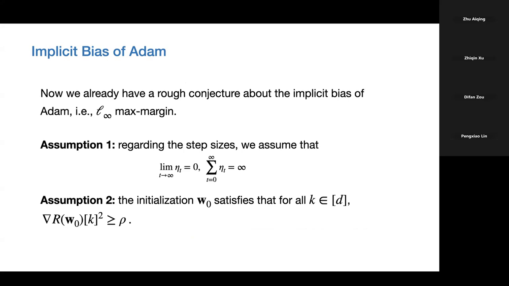That is the major reason for the L infinity max margin solution. Also, if you consider other similar methods like AdaGrad or RMSProp, they will give you a similar result, because as long as you do the normalization coordinate-wise, you can get a similar result. There is also a recent paper trying to do the coordinate normalization in different ways, like steepest descent, and they have the corresponding implicit bias. That paper was released last month.